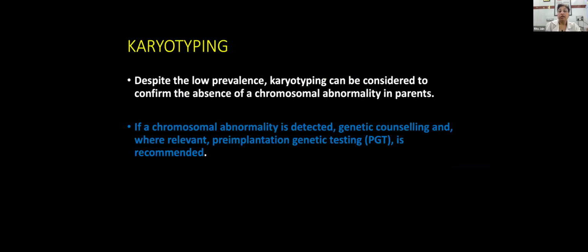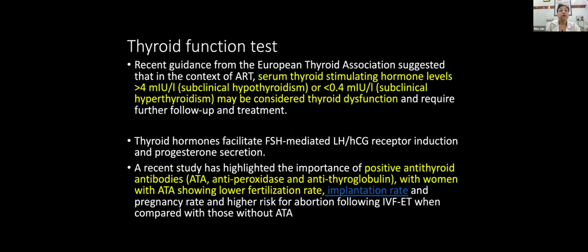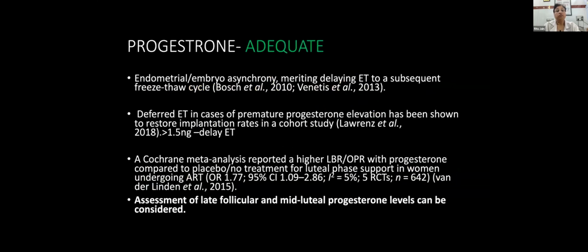Karyotyping, I already said. And then thyroid function, the value less than 0.4 milliunits for subclinical hyperthyroidism and more than 4 milliunits for subclinical hypothyroidism. And whenever antibodies are present, they need to be treated, because it definitely improves the progesterone function in the luteal phase.